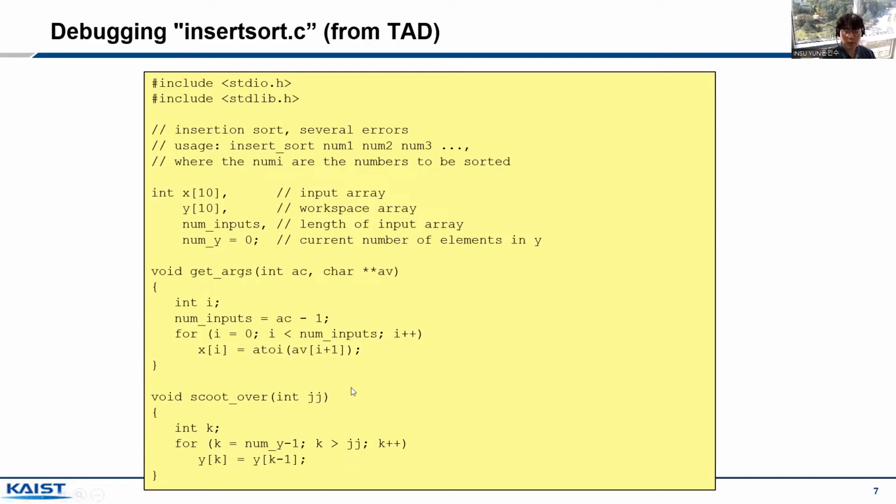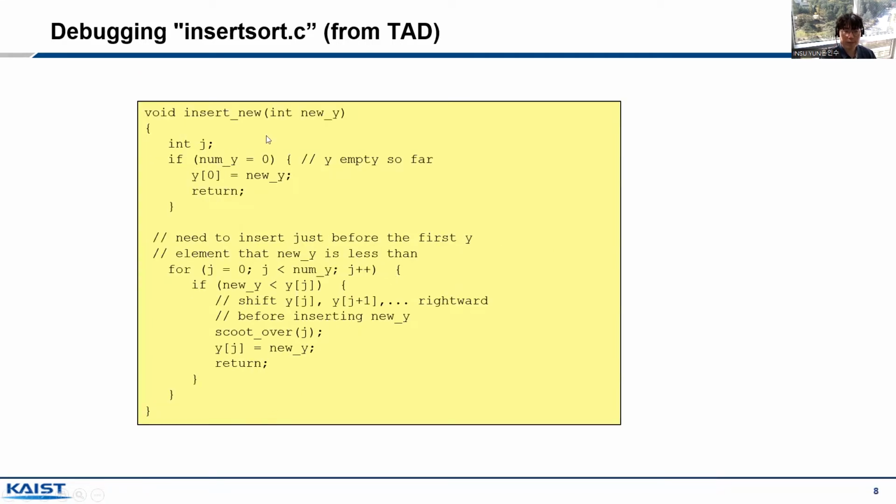The purpose of this function is that we want to make a hole. After we find the right position, we shift our numbers by 1, and we want to put that number at that position. So we want to make a hole. This is what scoot_over does.